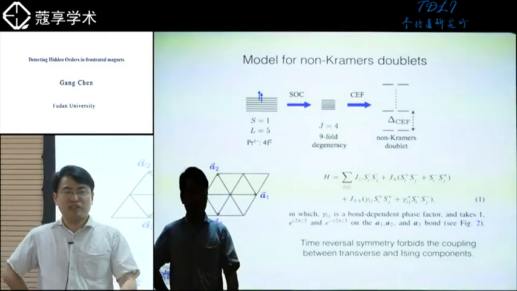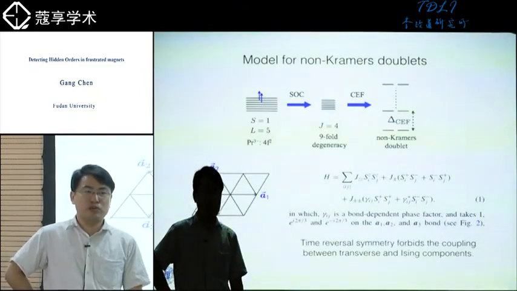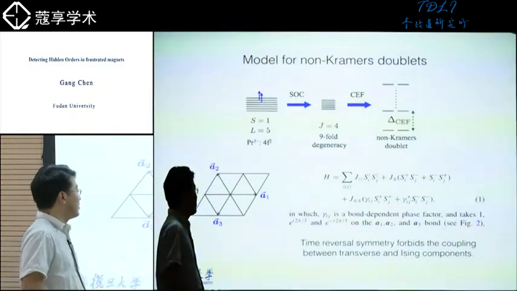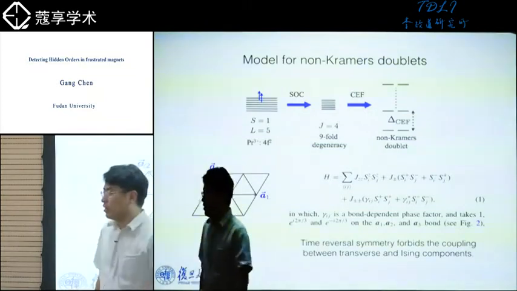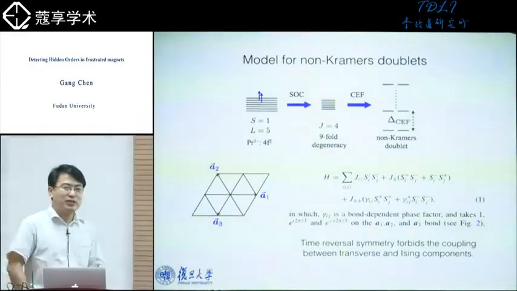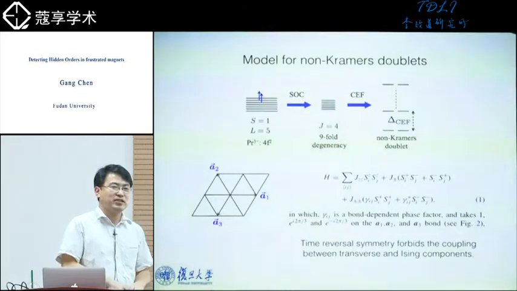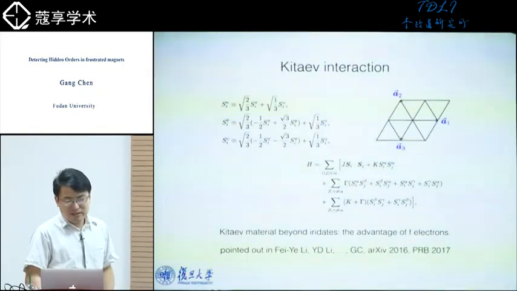No, J is not a parameter. J is a real local moment. Yeah, J is a real moment, right? So I describe everything in terms of physical observables.